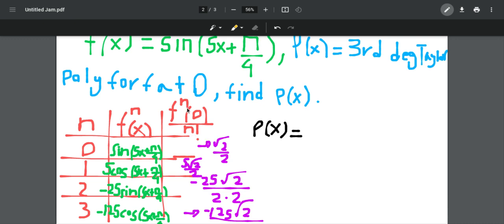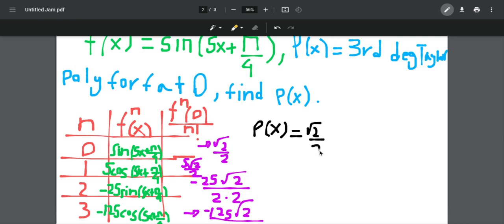So the actual formula is the nth derivative of f evaluated at 0, over n factorial, and then times x to the power of n. In this case, our first coefficient is square root of 2 over 2.